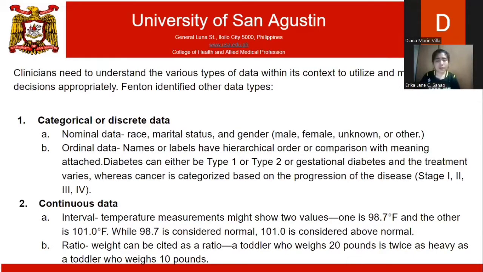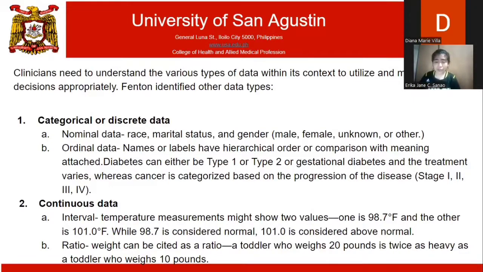In healthcare, data can vary depending on how it is presented, such as numeric, for example laboratory values, alphabetical descriptions of anatomy or body systems, and alphanumeric diagnosis codes. Clinicians need to understand the various types of data within their context to utilize them and make medical decisions appropriately.